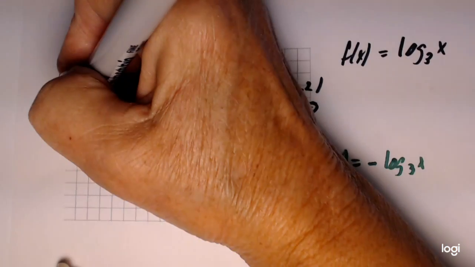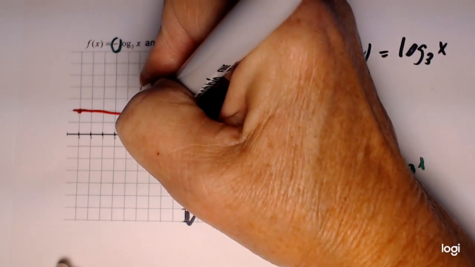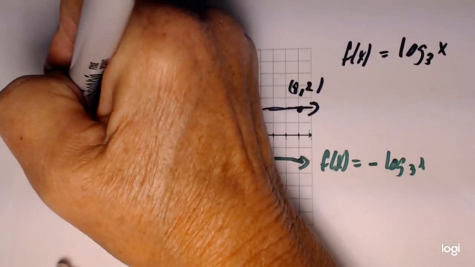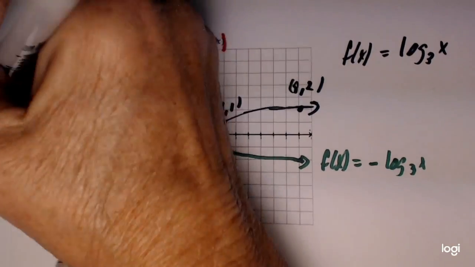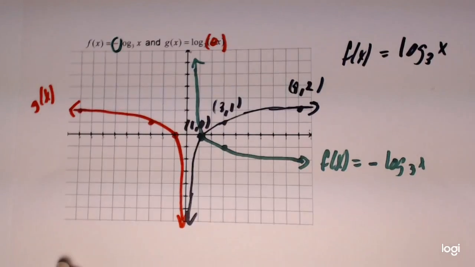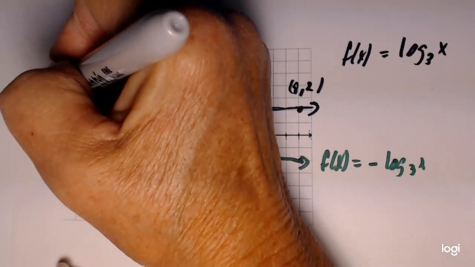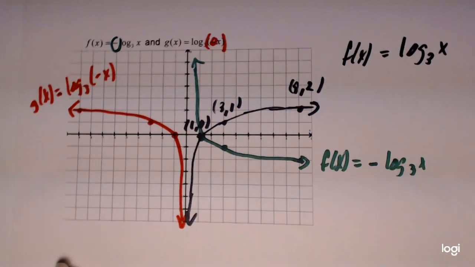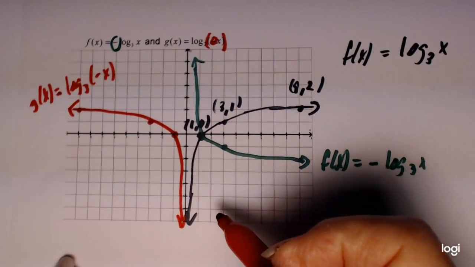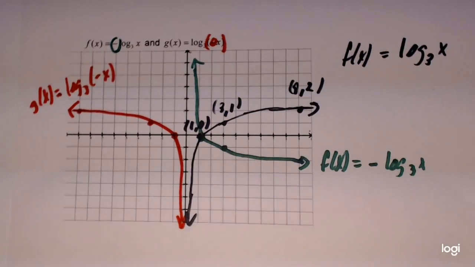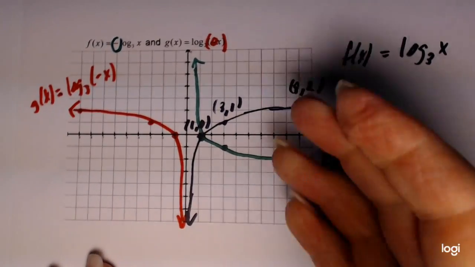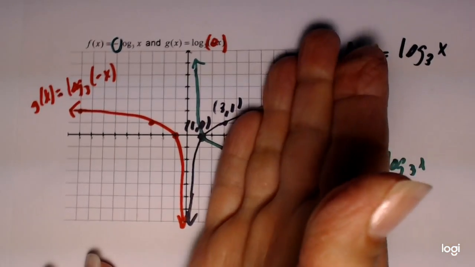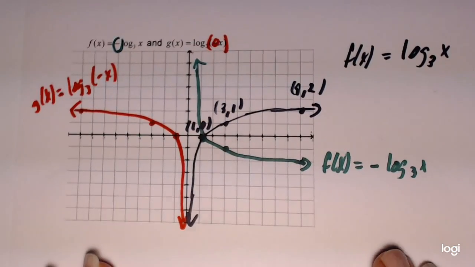Connecting these dots, here is g of x equals log base 3 of negative x. Looking at this graph, we can see that this represents a reflection about the y-axis. We took our original log function and we flipped it over the y-axis.